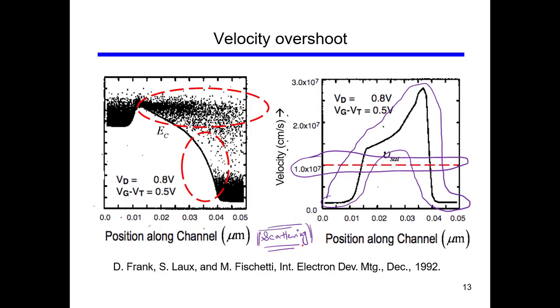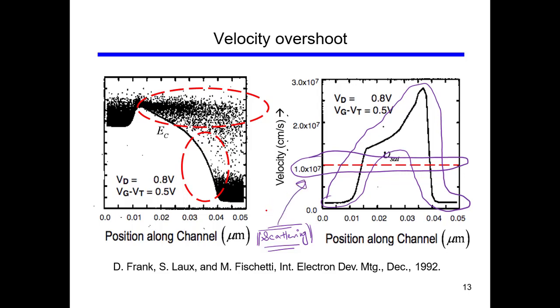Sometimes it is reflected, sometimes it is deflected. Ideally that scattering should happen, and it is the scattering that saturates the velocity.